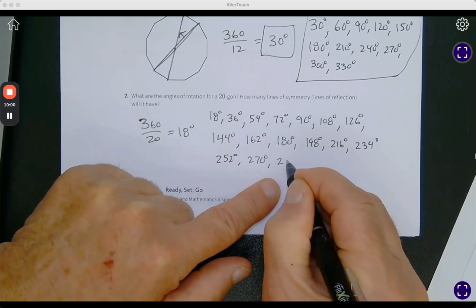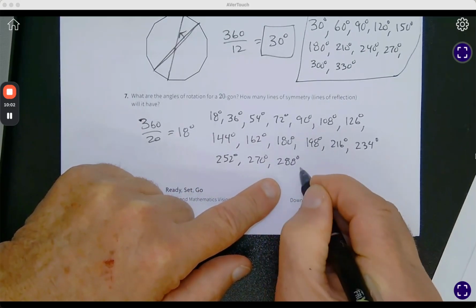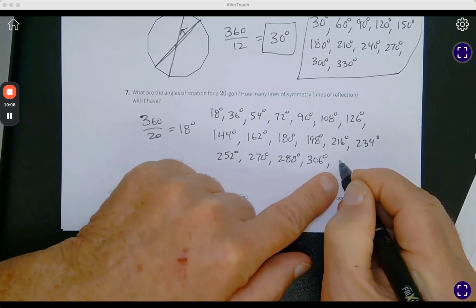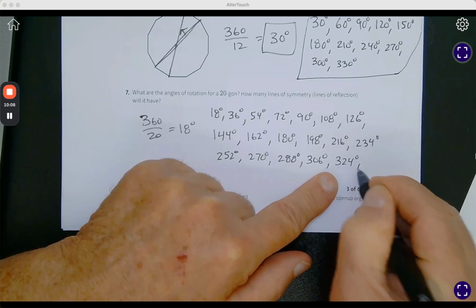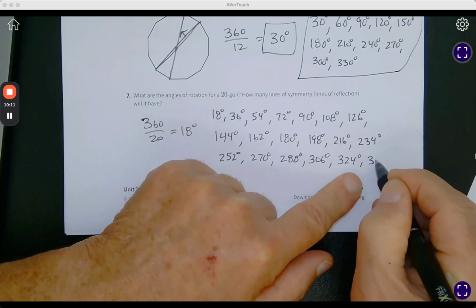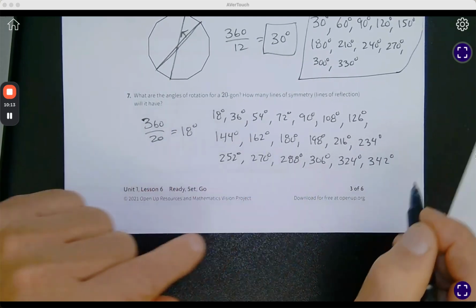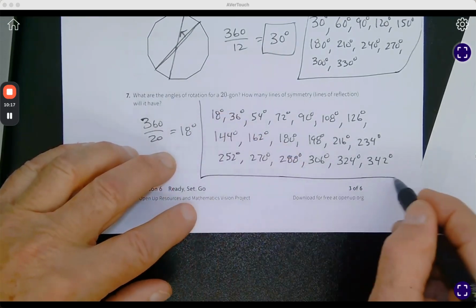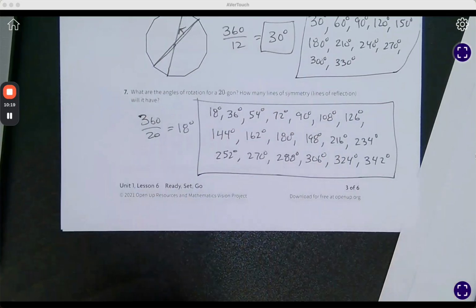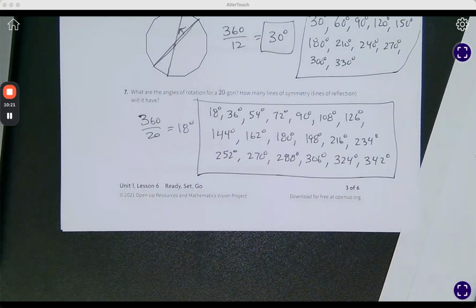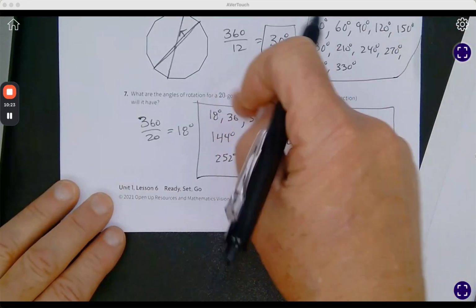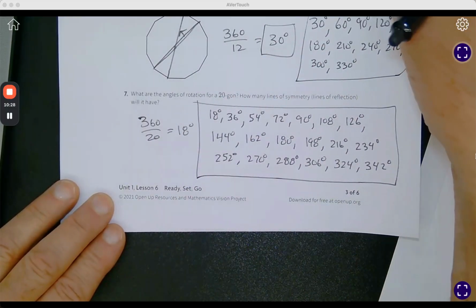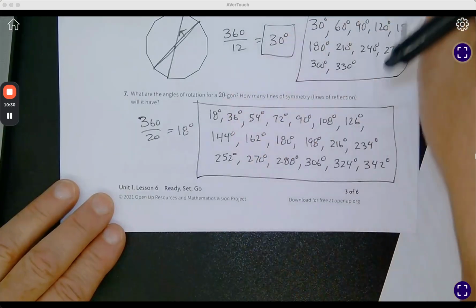Add 18 to that, 288, add 18 to that, 306, add 18 to that, 324, add 18 to that, 342, and then if I add 18 to that, I get 360, so I'm done. As soon as I get to 360, I'm done. Woo, that was a lot. Okay, so every 18 degrees I rotate will get me back to the original shape. So there's a lot of ways I can rotate it and get back.